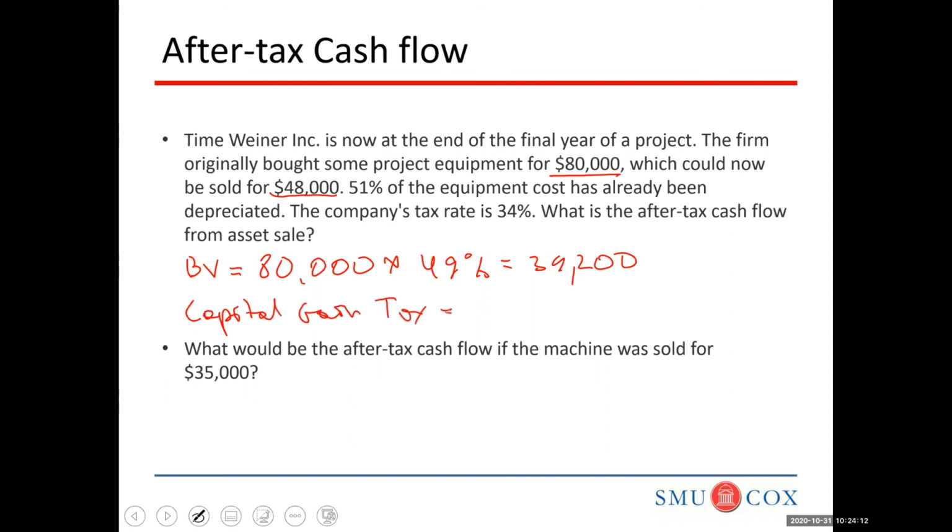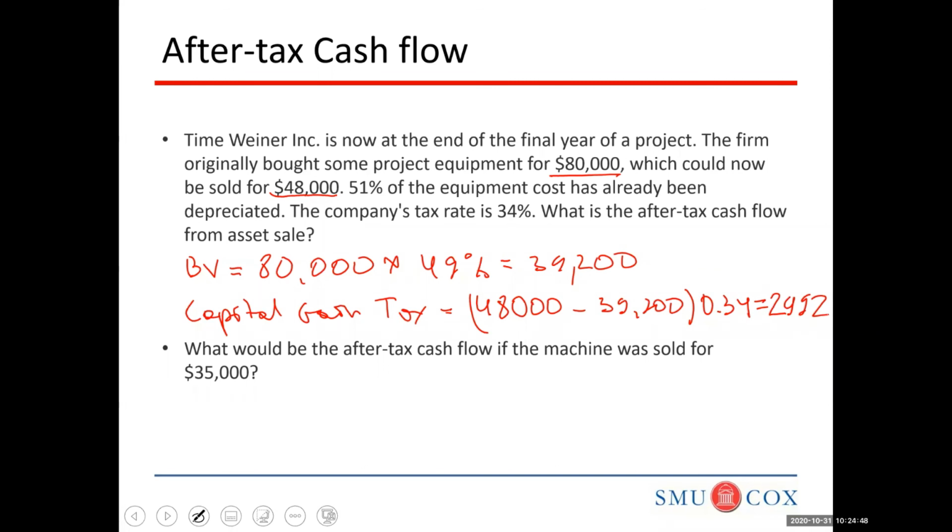So the tax would be capital gain times the tax rate. So it'll be sale price, 48,000 minus book value, 39,200, multiplied by 0.34. And that is 2,992.